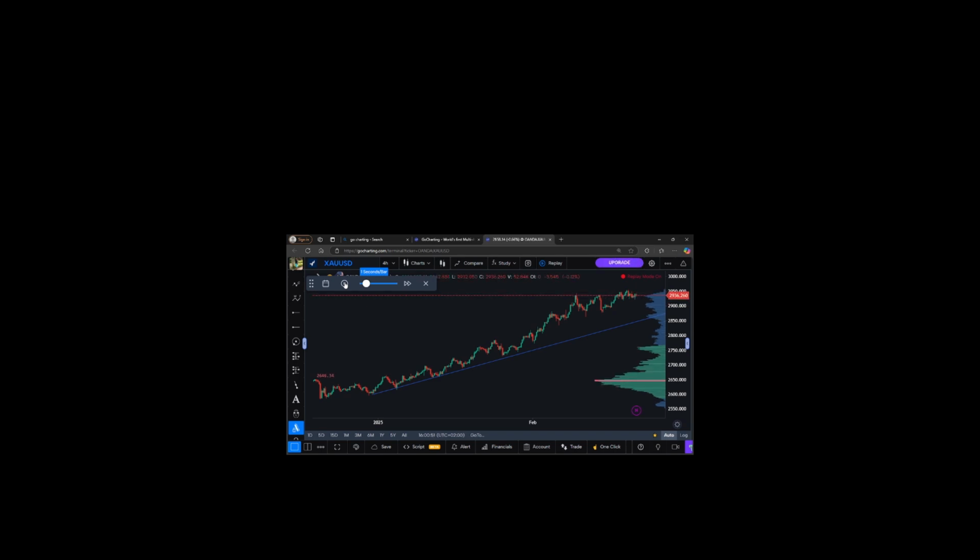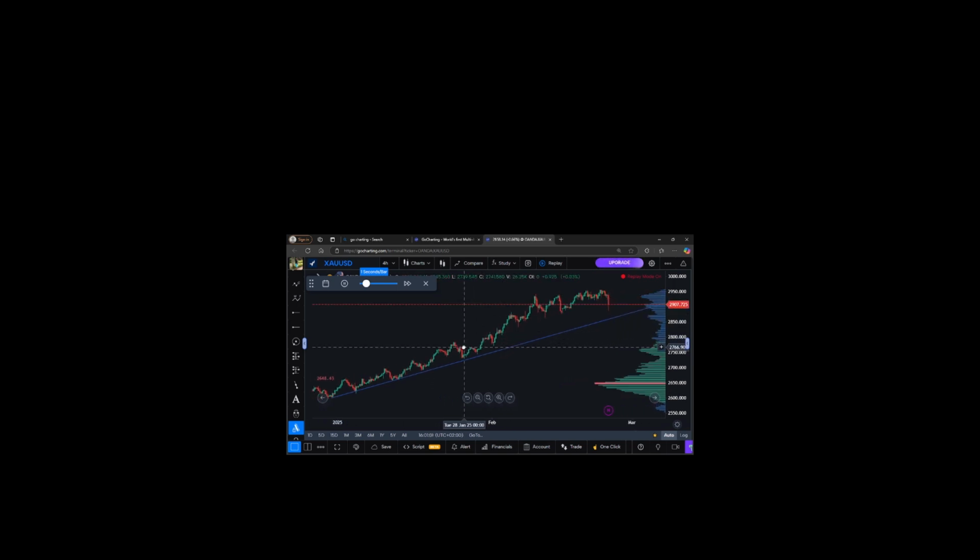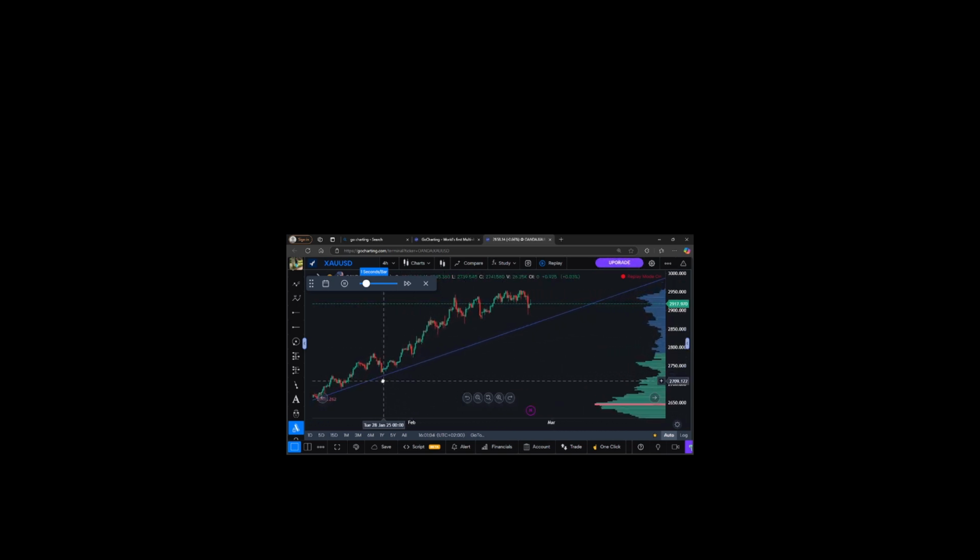Let's see how price is going to keep moving. We want to see where it is going to violate or obstruct our trend line, and see what happens when that occurs. Let me push the price here.